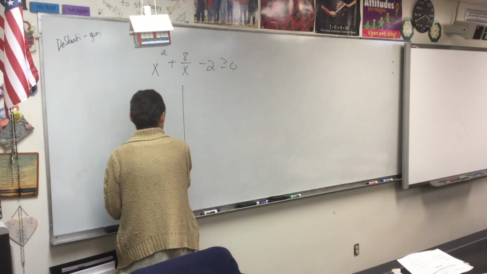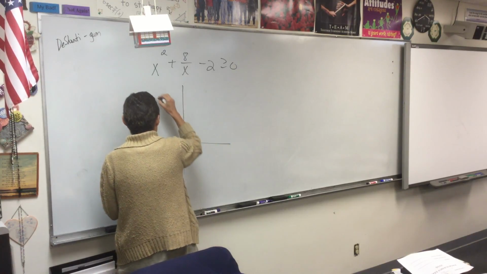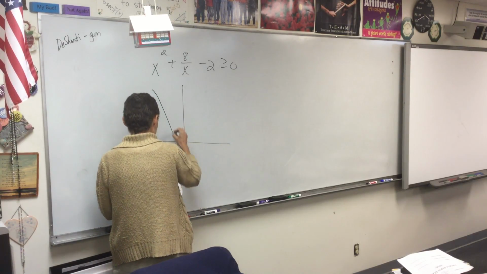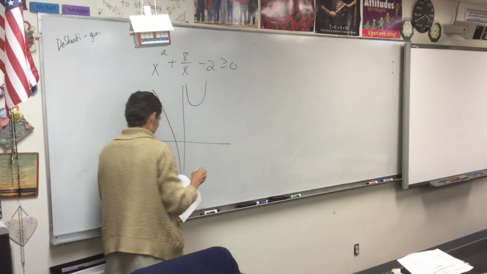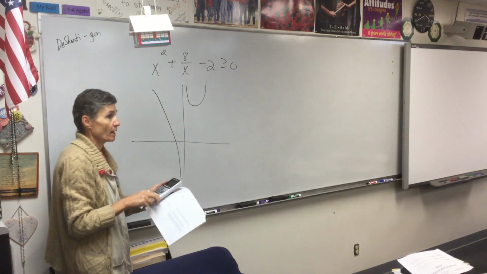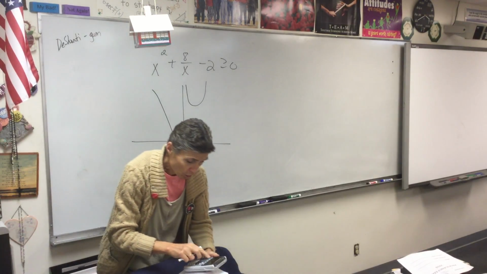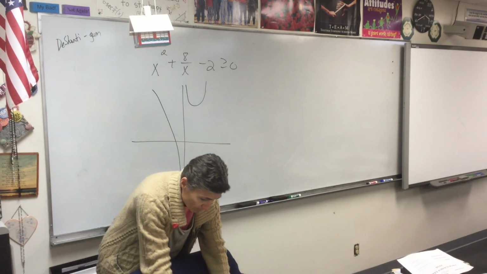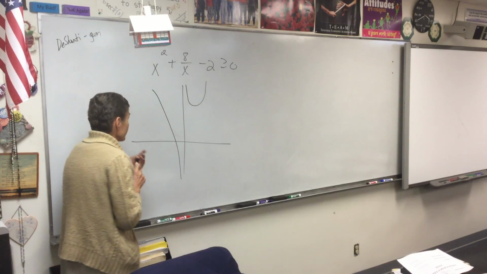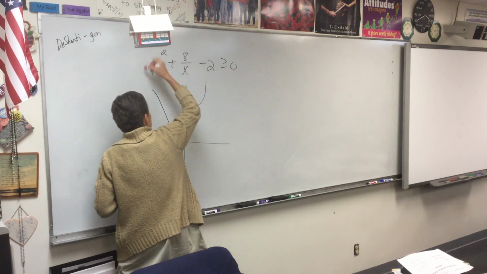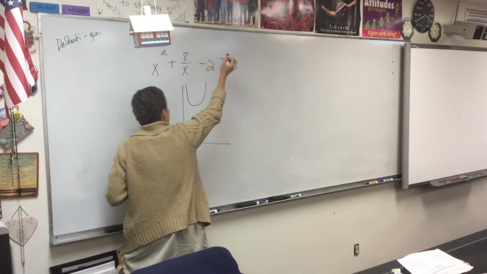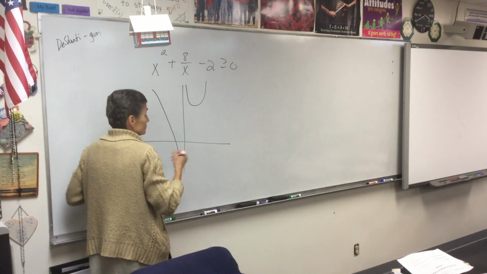Now, in a standard window, the shape I got looks something like this. More or less, is that what you got? All right, now let's talk about this for a minute. We are looking for the places where this curve is bigger than 0.